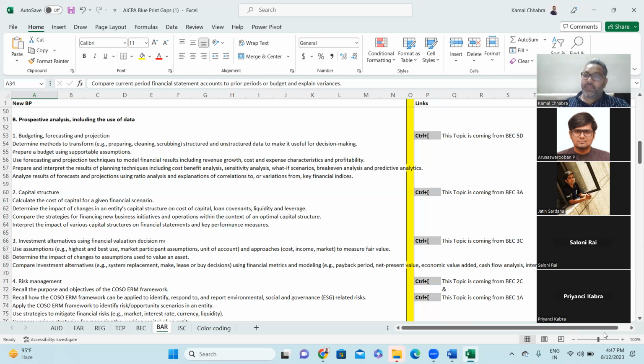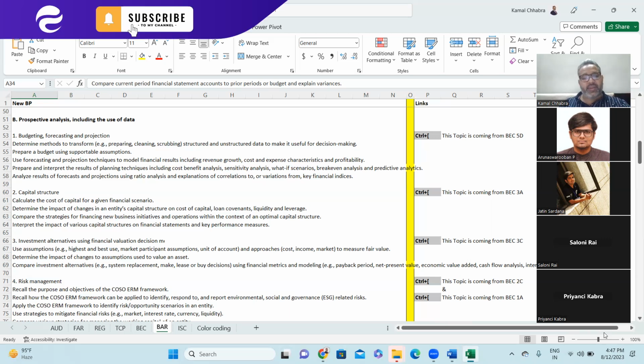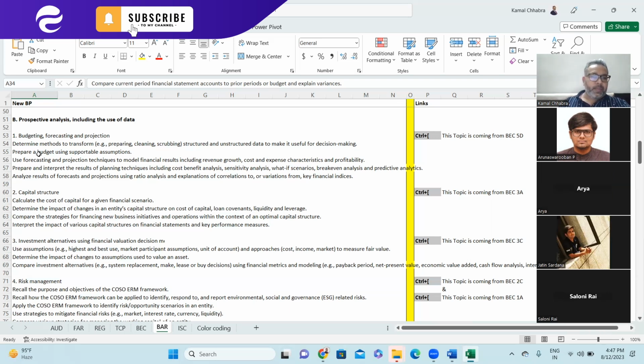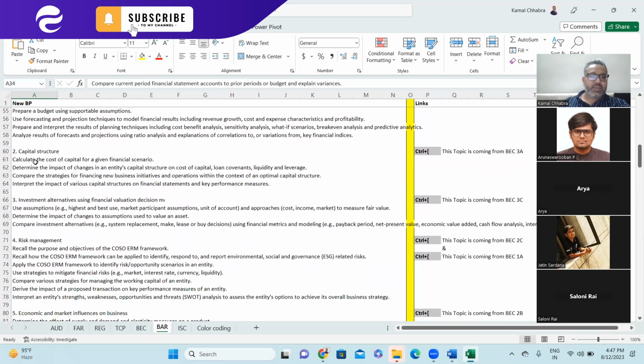But if you are in an FP&A profile, you'll be directly working with them. That will take your career path to the next level in a very short time. Make sense? Okay. So next is capital structure.